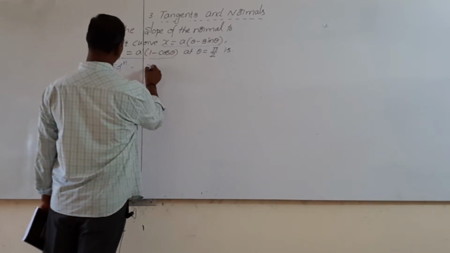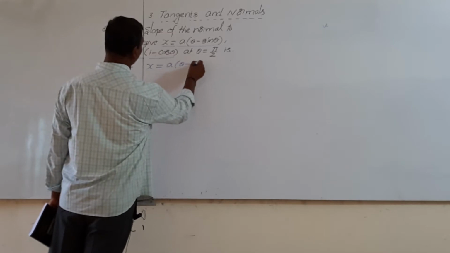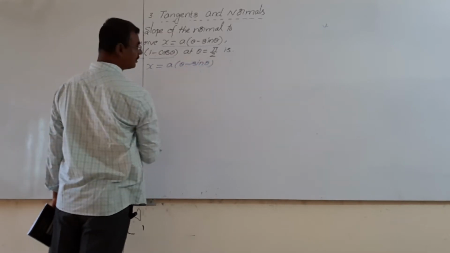x is equal to a(theta minus sin theta). These are called parametric equations.